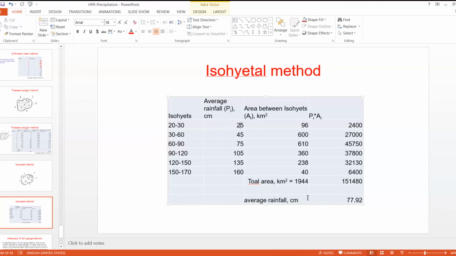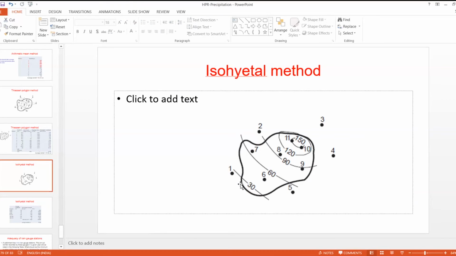Sir, how were those isohyetal lines drawn? Suppose you see this is rain gauge 6, and here we have rain gauge 1, and we know the rainfalls at stations 1 and 6. Then we have to interpolate. Suppose rain gauge station 1 has a rainfall of 100 centimeter, whereas rain gauge station 6 is 90 centimeter.